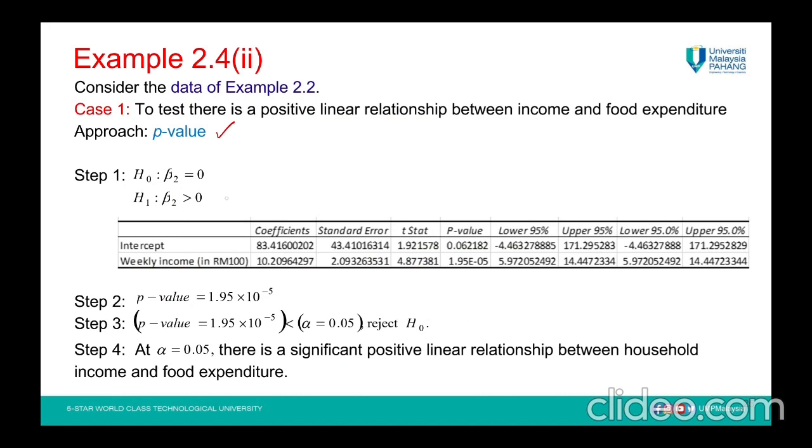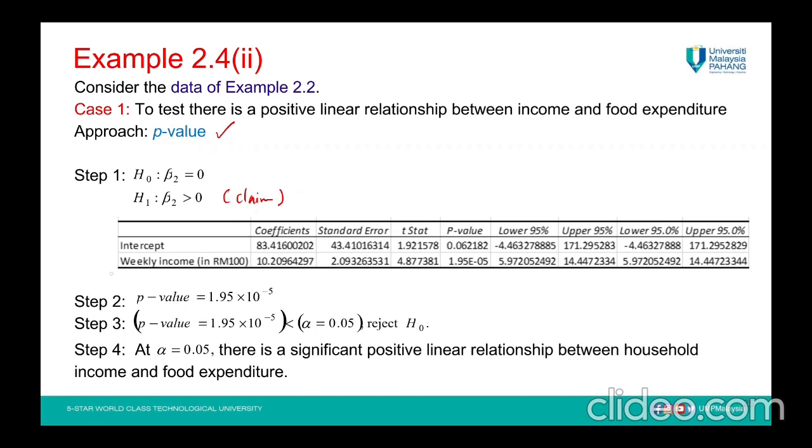Step 1 is the same as explained in example 2.41, where the claim is under H1, since the statement here is to test whether or not there is a positive linear relationship between the variables.